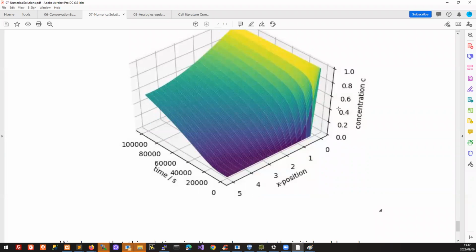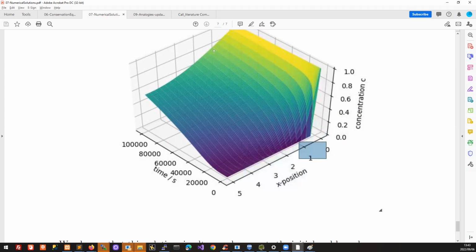And if you look at the solution, we can see we've got concentration here, and then we are looking at the x position along here. So we started out with none of component C except at this point here. And then as time went on, because we had a high concentration up here, it starts to diffuse into the fluid at these other x positions.